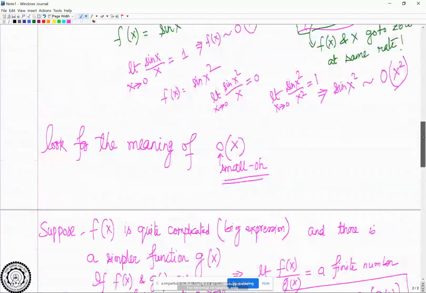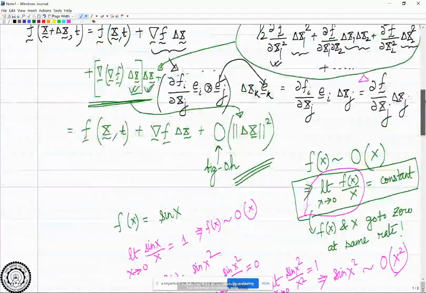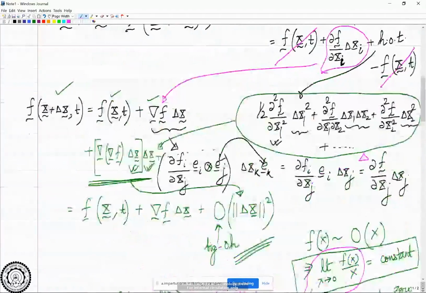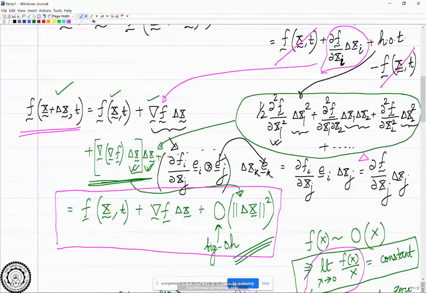Yes, sir, now I understand. Okay, so in this Taylor series expansion for f here, I have these two terms, and then the next one is this thing over here. Everything else is inside this big O of delta X square.